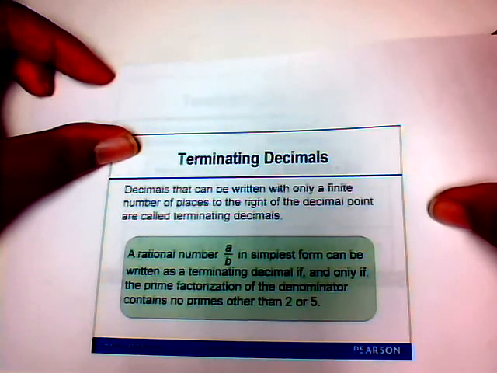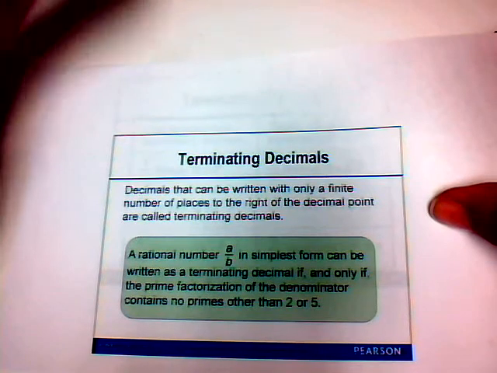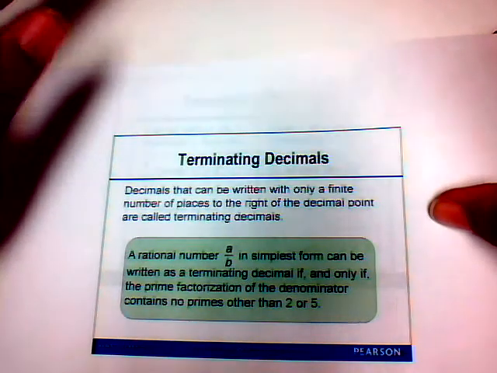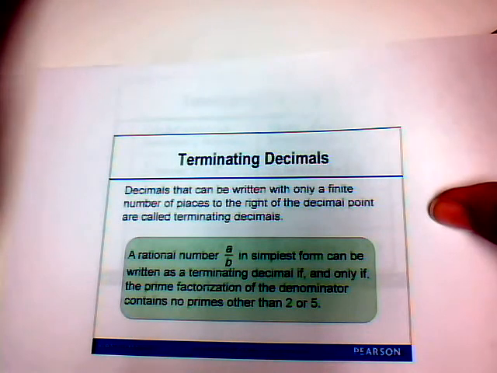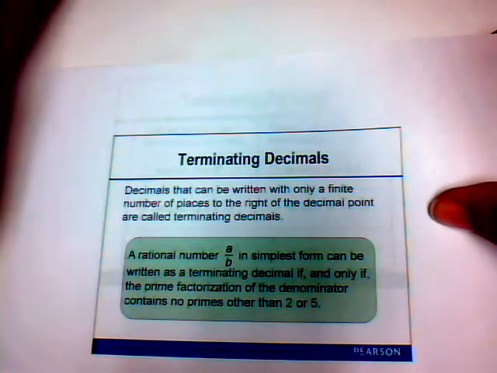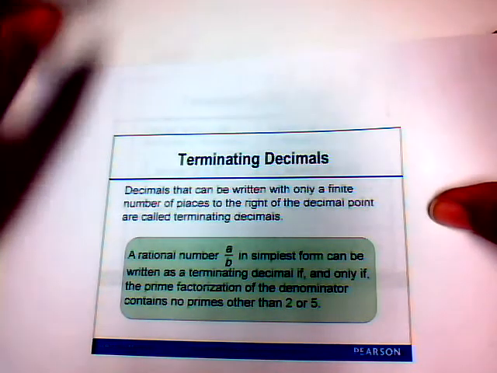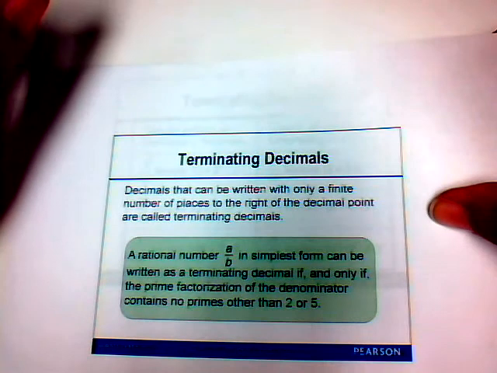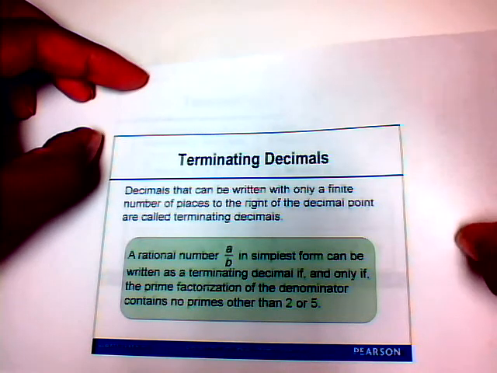That's very important. If the prime factorization of that denominator contains no primes other than 2 or 5, that rational number can be written as a terminating decimal.